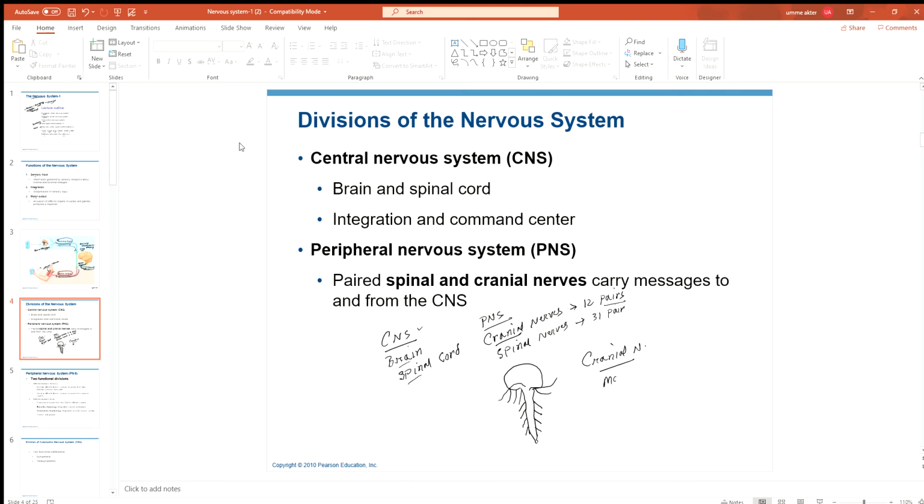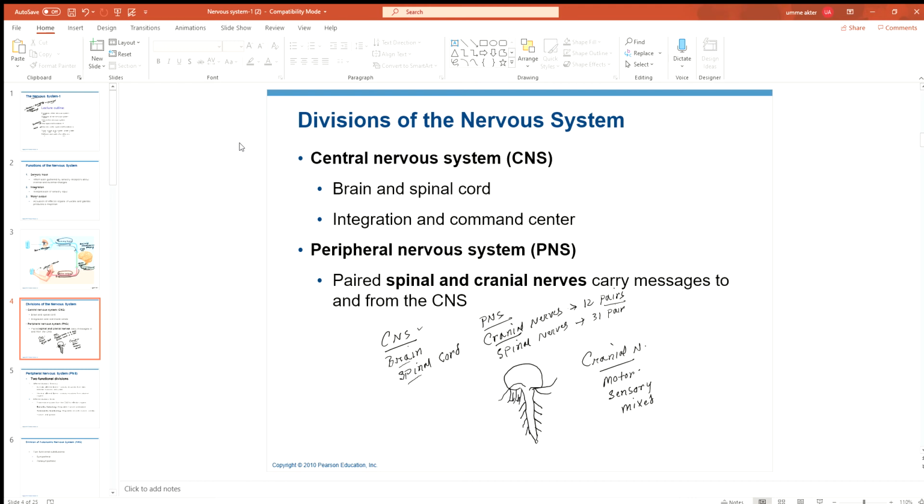Some cranial nerves are motor, some are sensory, and some are mixed. Now, the motor nerves take the signal out from the brain, away from the brain.